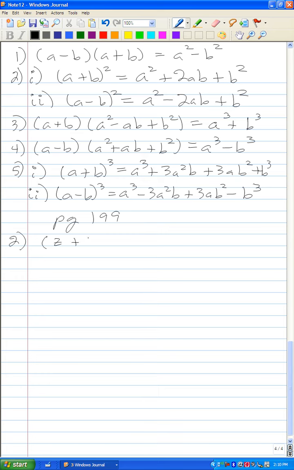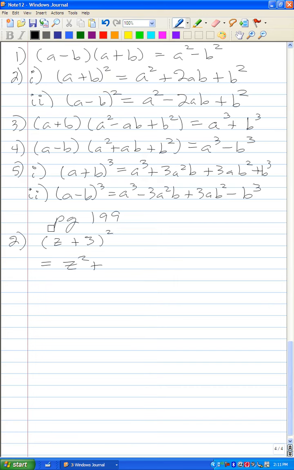Z plus 3 quantity squared. Let me explain that using the above formulas. In this case, formula 2, the perfect square trinomial formula, says you take the first term and square it.